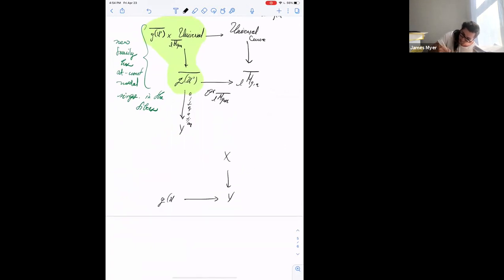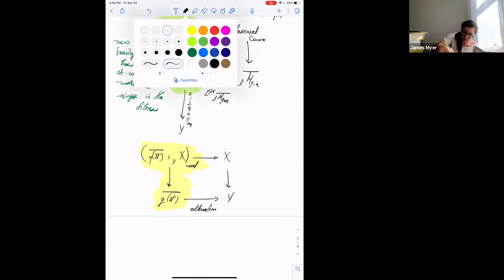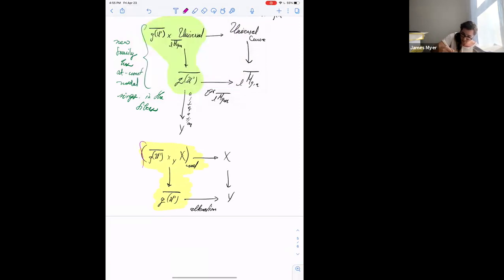Take this alteration and form this fiber product, and then you get a new family. We'll take the reduction technically. You have to be careful, you have to make it reduced. Let me write this in yellow. So this is the pullback of the old family along the alteration. This thing that we have here is the pullback.